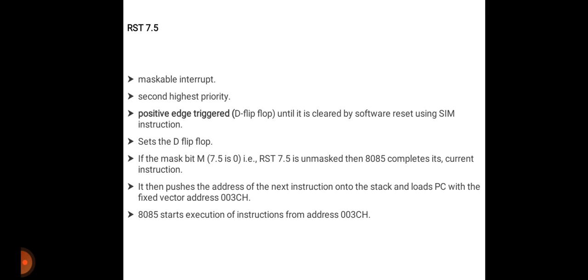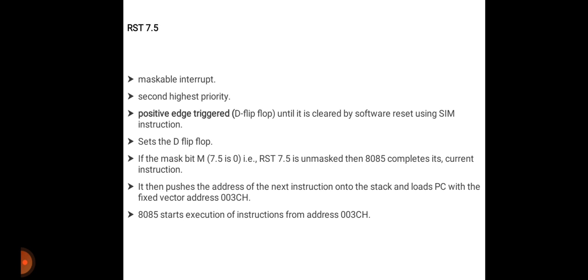A positive edge signal on the RST 7.5 pin sets the D flip-flop. If the mask bit M7.5 is 0, that is, RST 7.5 is unmasked, then the 8085 completes its current instruction.